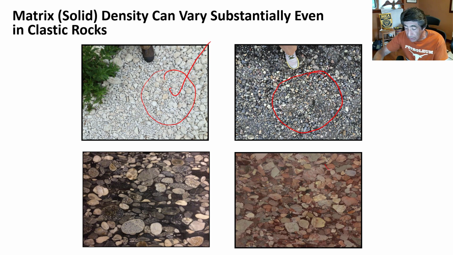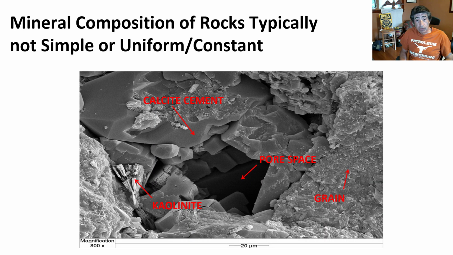Here is a sandstone from Italy, where the grains have an extremely variable composition that includes iron. And here is a sandstone whose grains have microporosity, and the main ingredient of the grains is a shell. So we can have variable grain composition constituting clastic rocks.